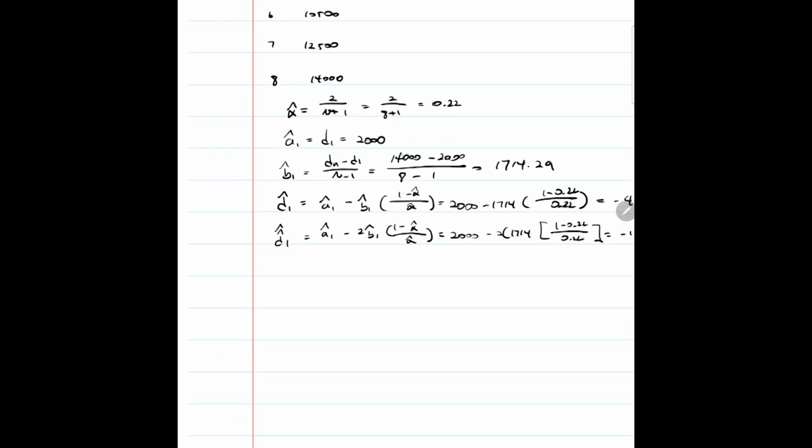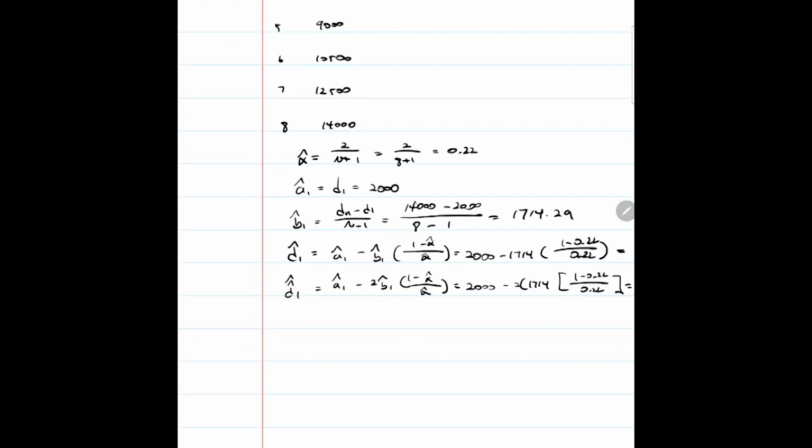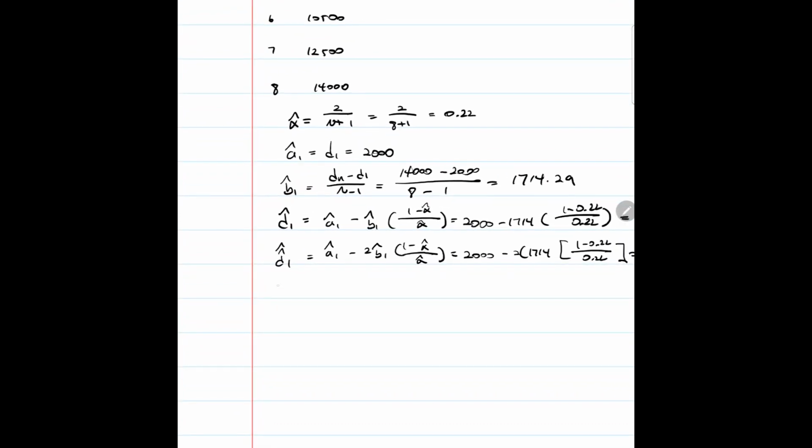So let's go back to the note. How we calculate demand on 9. It's gonna be alpha hat over 1 minus alpha hat times dt hat minus d double hat t.